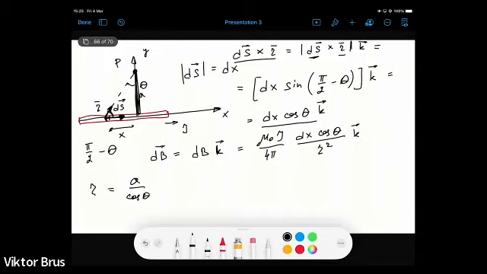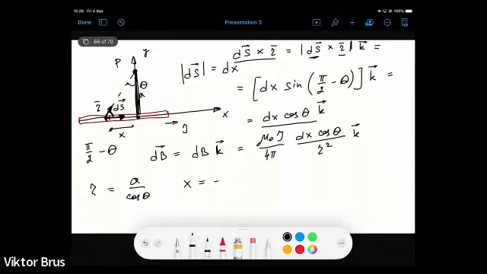Also, we need to define this position x in terms of theta. Here is the origin of coordinates.